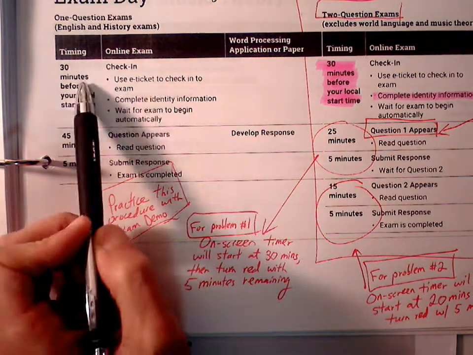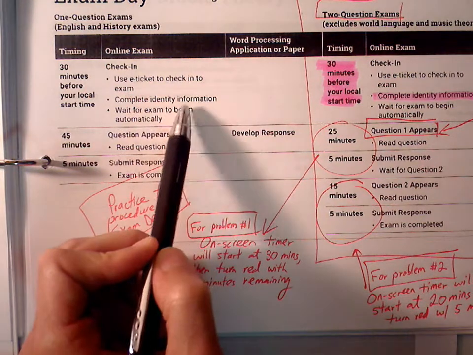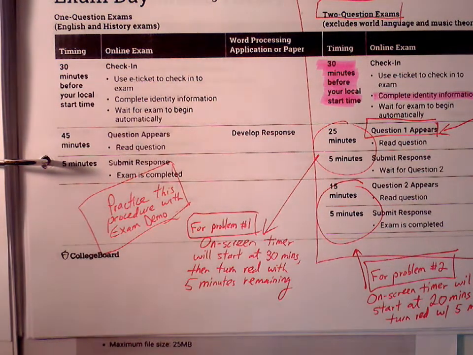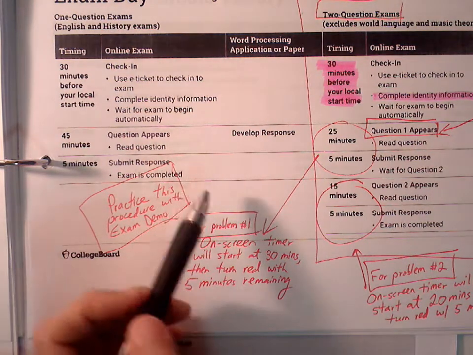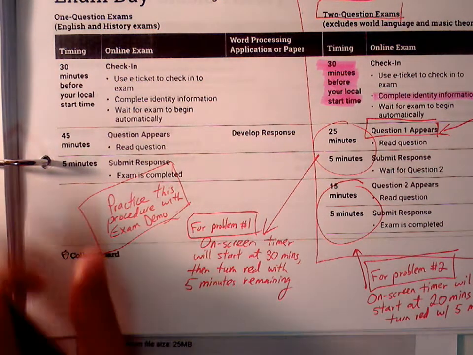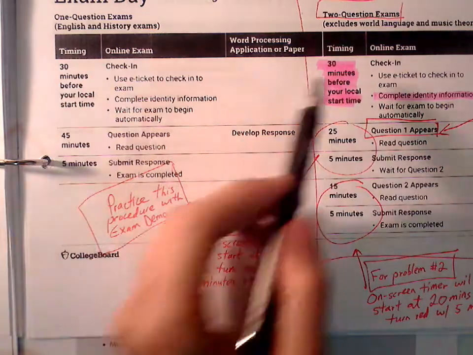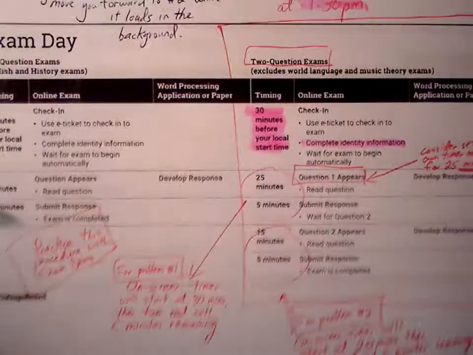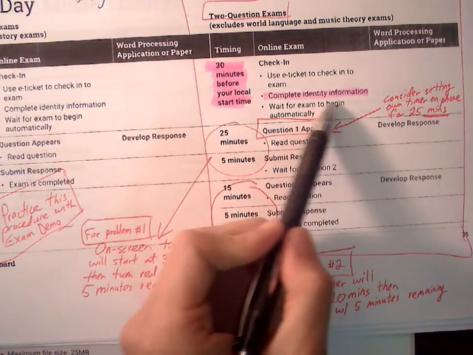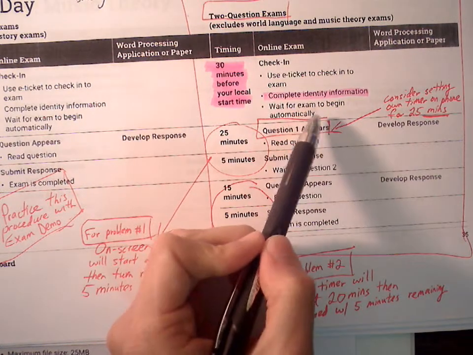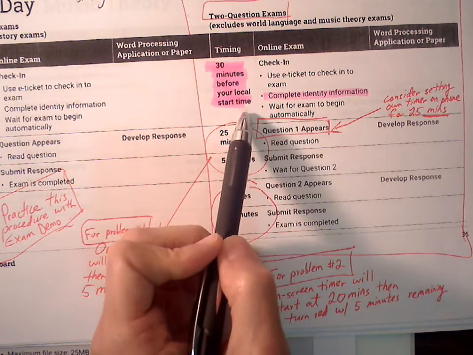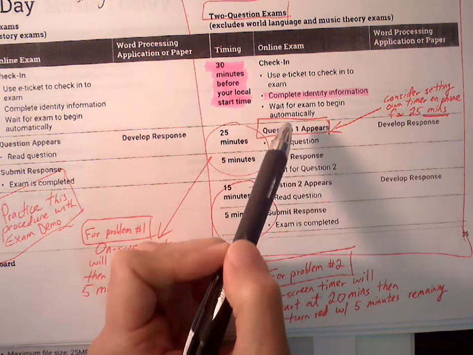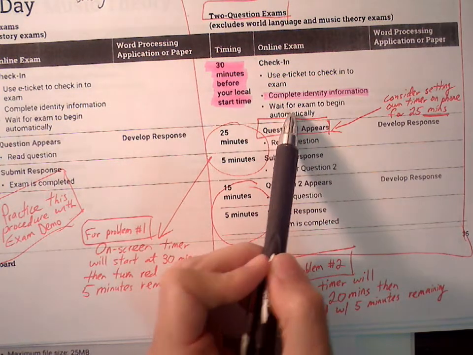That's why you need 30 minutes, because of all the things that they're going to ask you to provide or answer before the exam starts. This is the 2-question exam. So you're going to be completing identity information, and there's going to be a timer that's going to count down to 2 p.m.